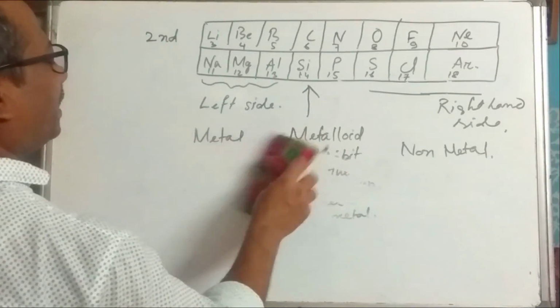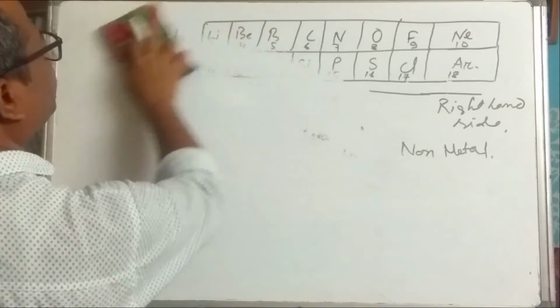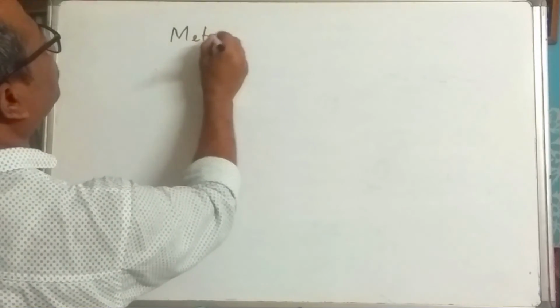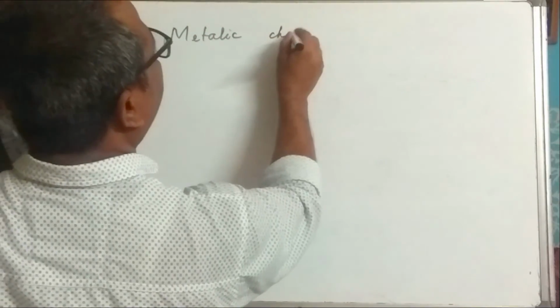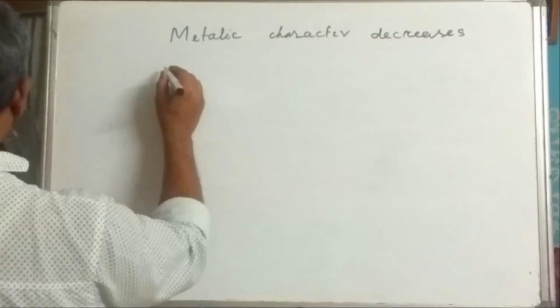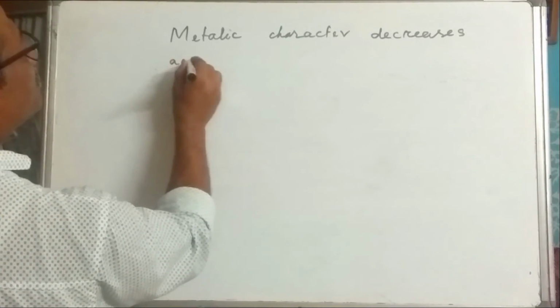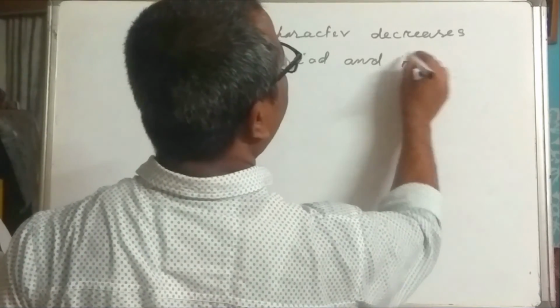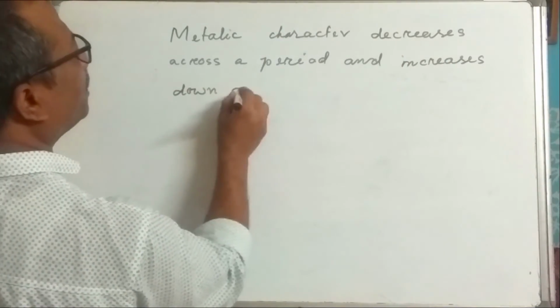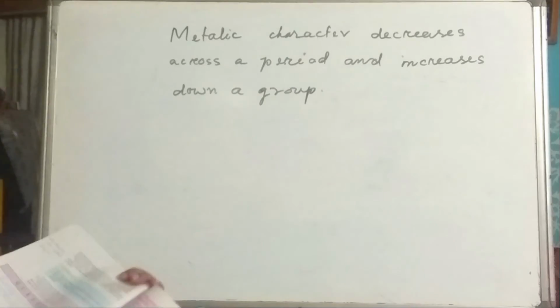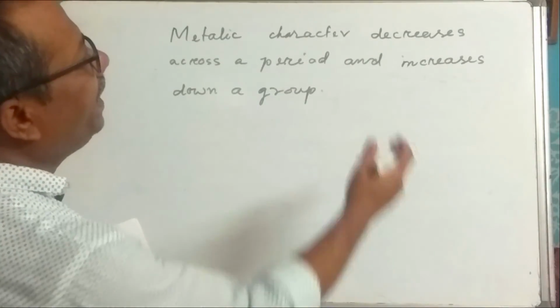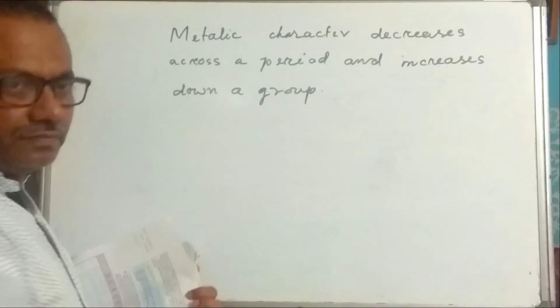Now, another important point, you note it down. Metallic character decreases across a period and increases down a group. The metallic properties decrease across a period and increase down a group.